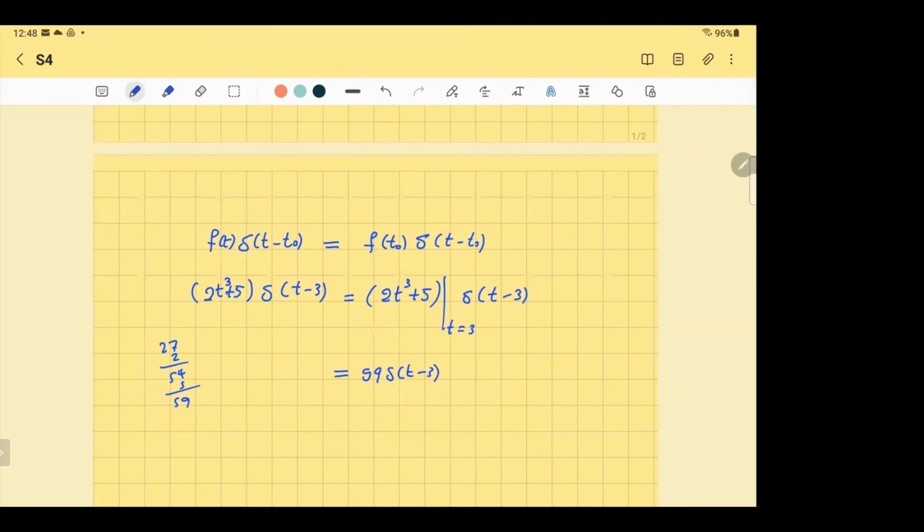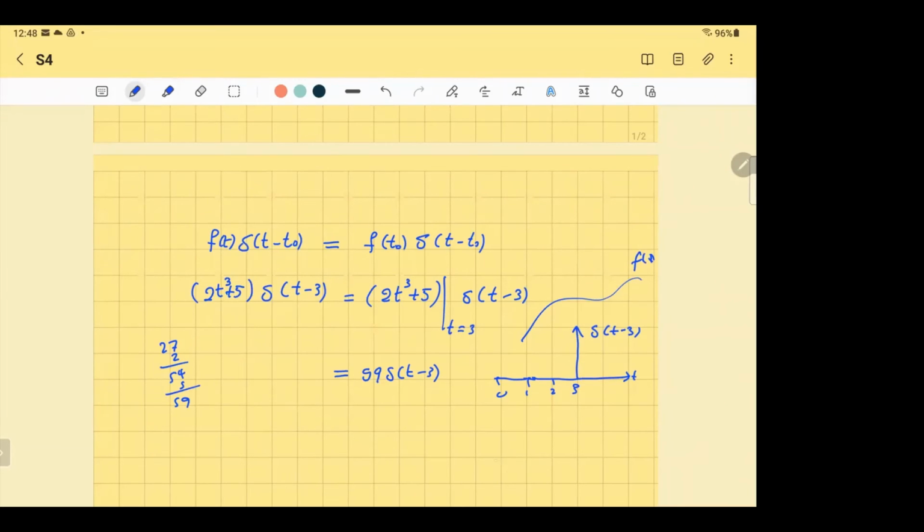It means you multiply only, you don't integrate. So you'll get the pulse magnified by the value of this function. It will look like this if you are multiplying here at 3: this is delta t minus 3, and you multiply it by a function f of t.